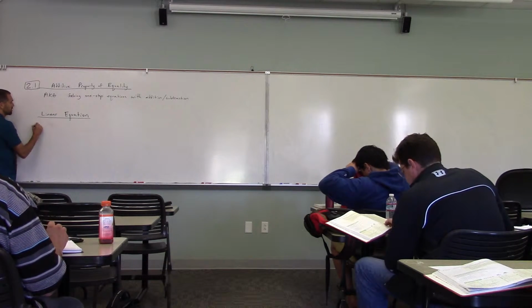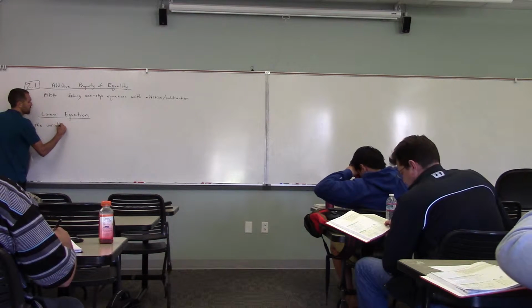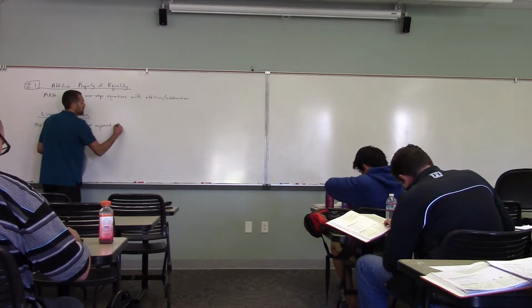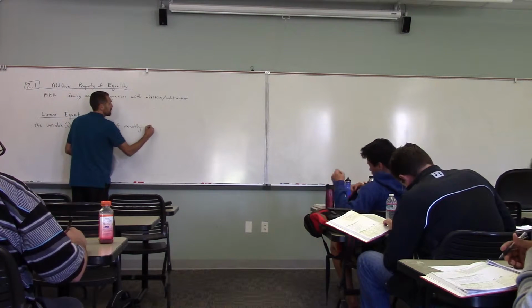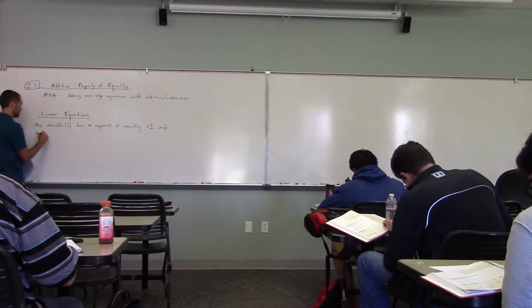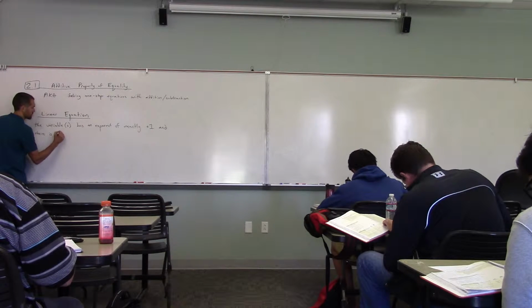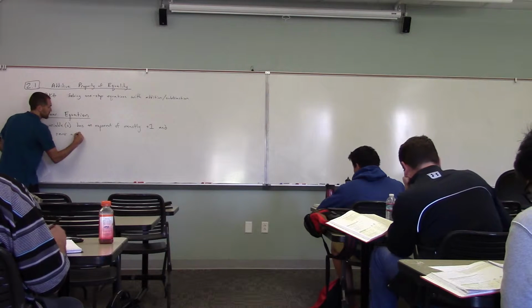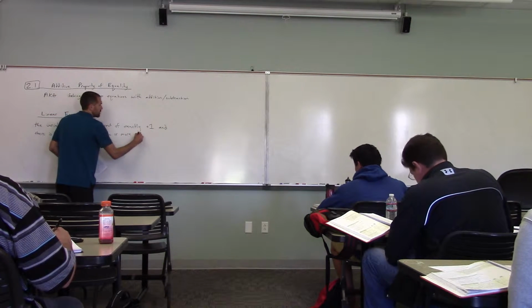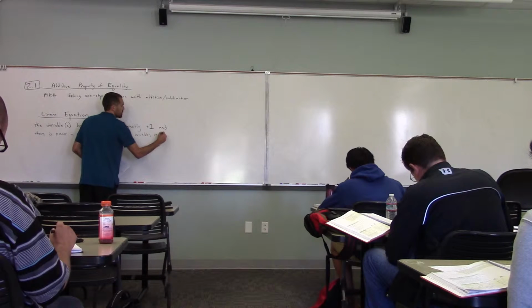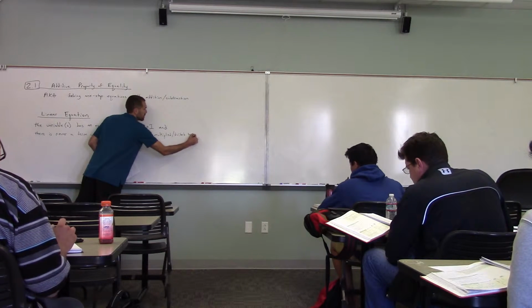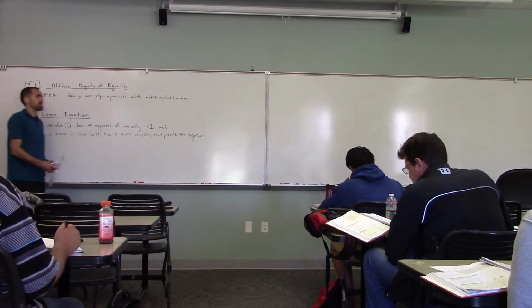Okay, so the variable(s) has an exponent of exactly +1. So the big thing is, it has to have an exponent of exactly +1.